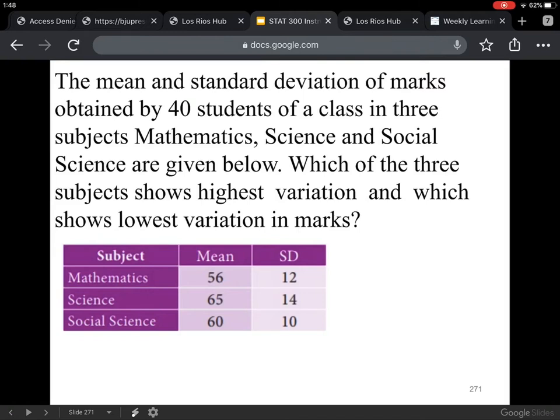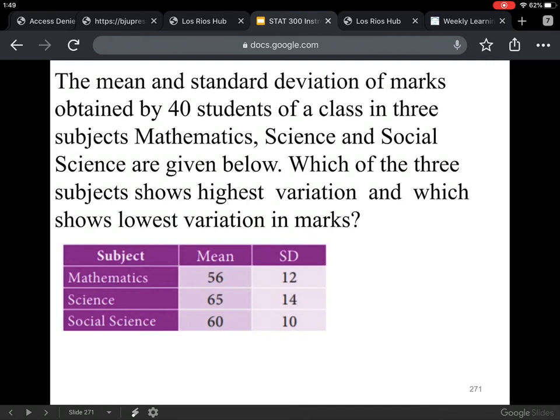Go ahead and do this one as practice. The mean and standard deviation of marks obtained by 40 students of a class in 3 subjects, mathematics, science, and social science, are given below. Which of the subjects shows highest variation and which shows lowest variation in marks? Well, you can't just look at standard deviation.